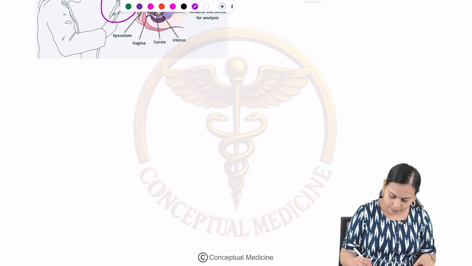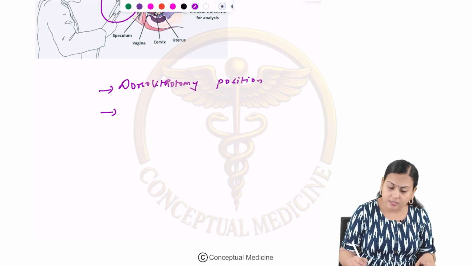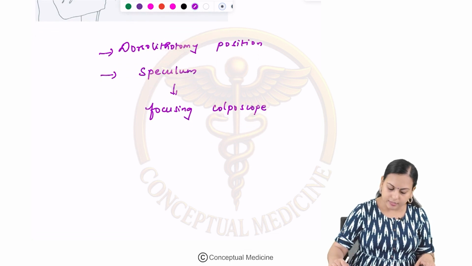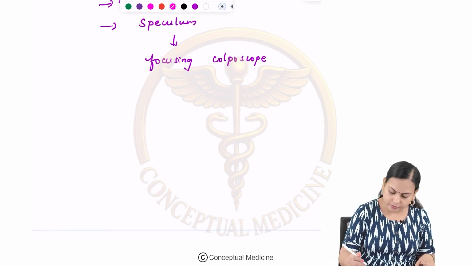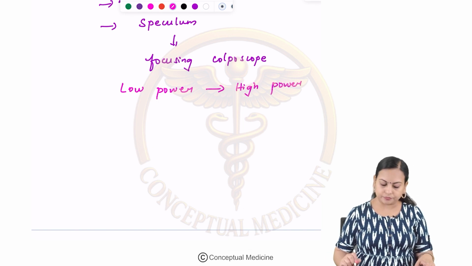Clear? The patient should be in dorso-lithotomy position, and you have to insert a speculum, then use a focusing colposcope on the cervix. The lesions will be noted with low power initially and then you move to higher power for better visualization of the lesion.